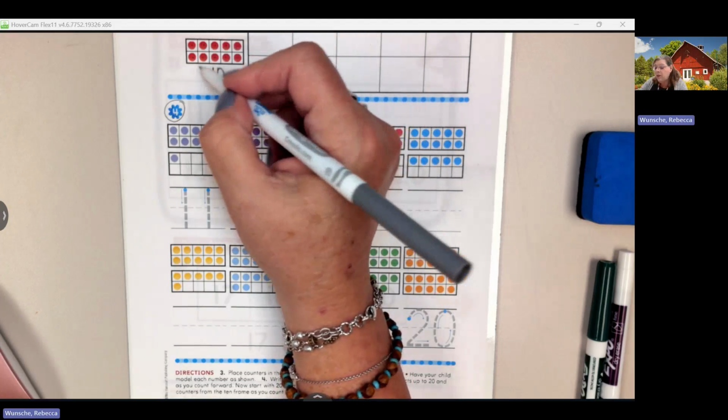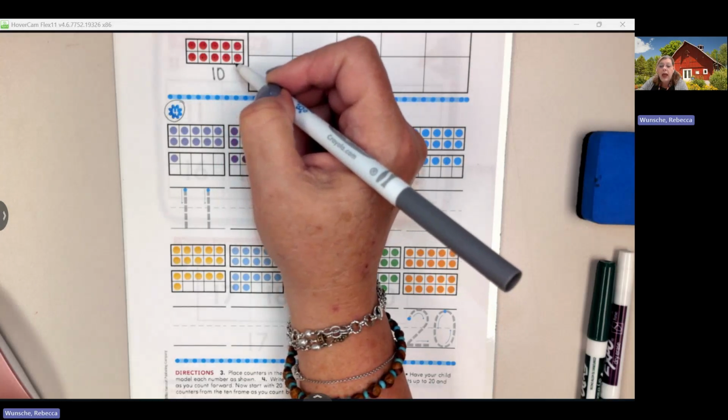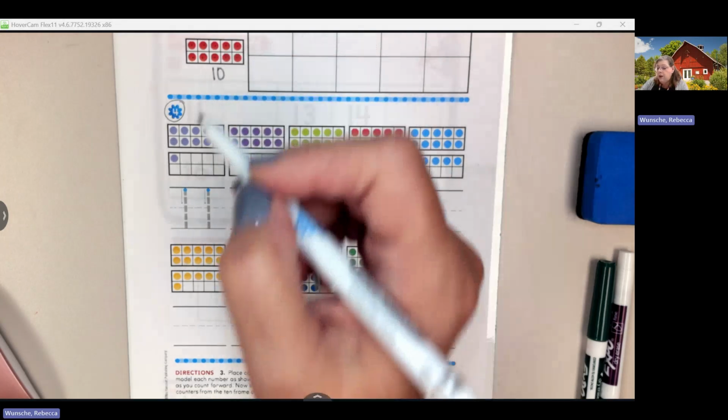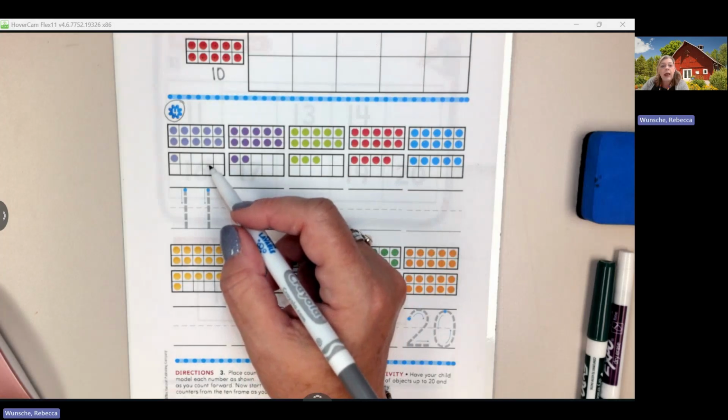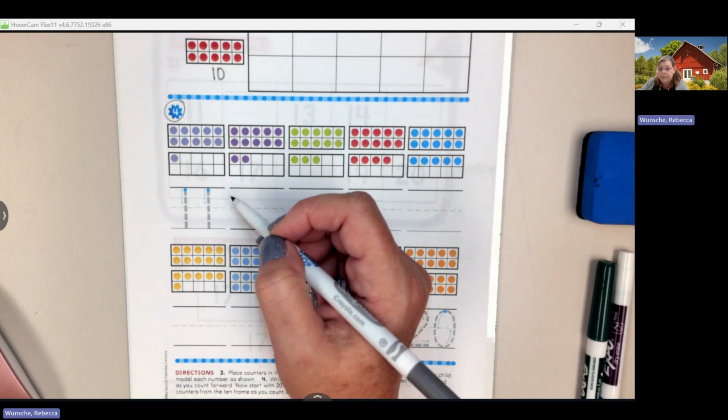I can look at this with my eyeballs, see that that 10 frame is completely full, and know that I name that as 10. So today what we want to do is take a look at some 10 frames and the numbers that they represent.